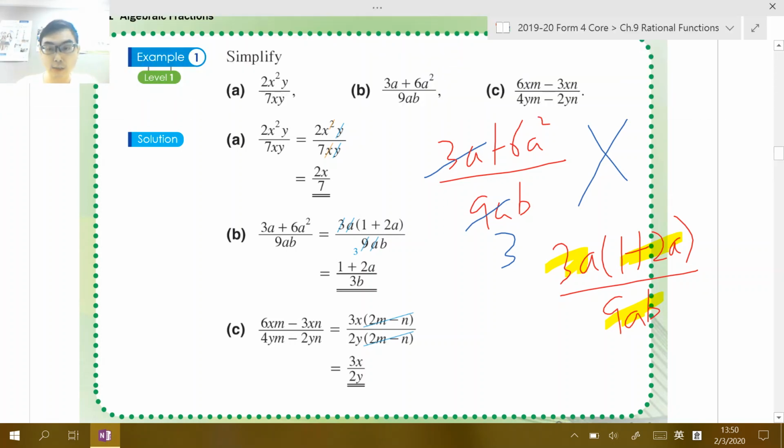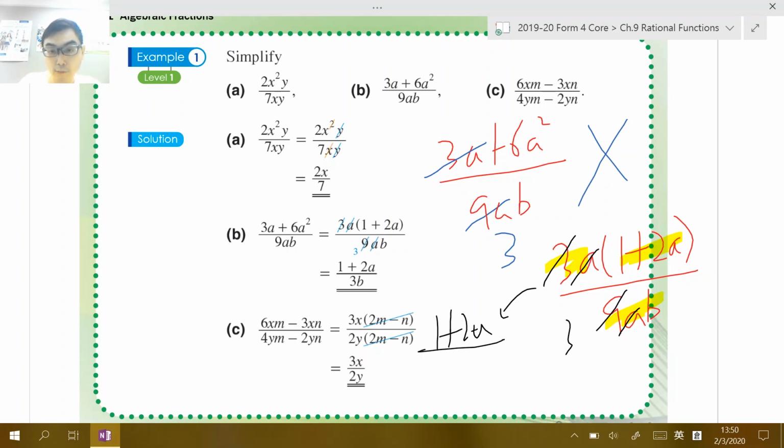Here 3a is multiplying with 1 plus 2a, and the denominator is 9 times a times 3, so all the relations are multiplication or division. Then you can cancel, because it is just cancellation between factors. So the final answer becomes 1 plus 2a over what?